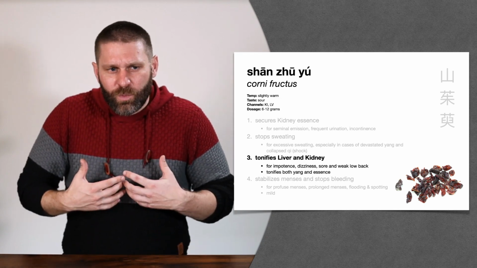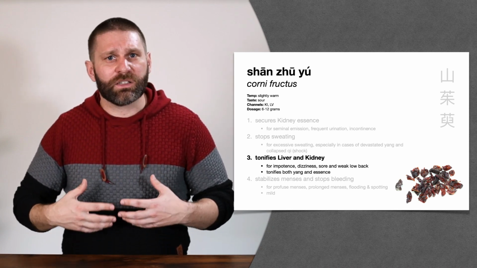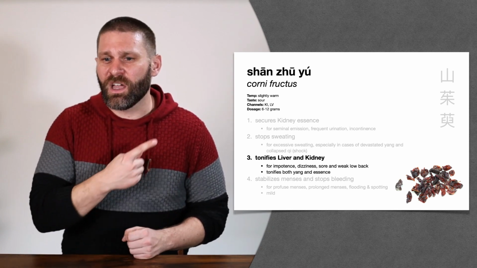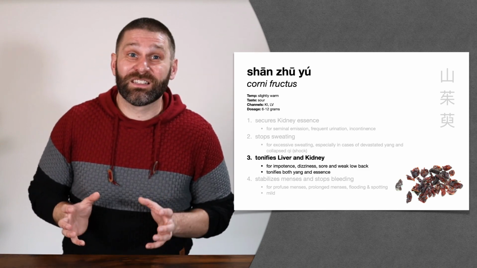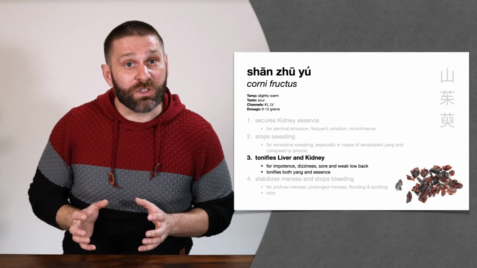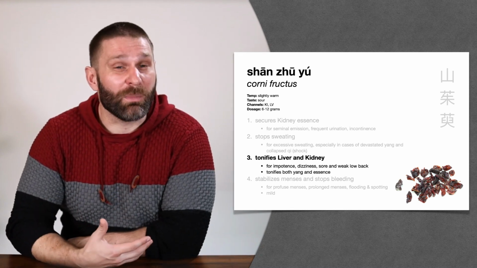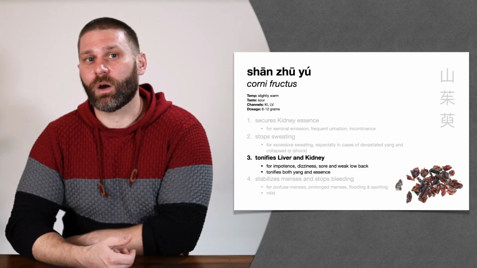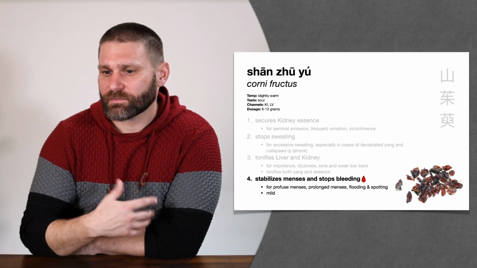So these leakage conditions, this seminal emission, frequent urination, can happen due to kidney yang deficiency. So shanjuyu is tonifying kidney yang, but it's also using its sour flavor to induce astringency and stop that leakage. So we'll see shanjuyu come up very commonly in our formulas that tonify kidney yang because it's doing both at once.